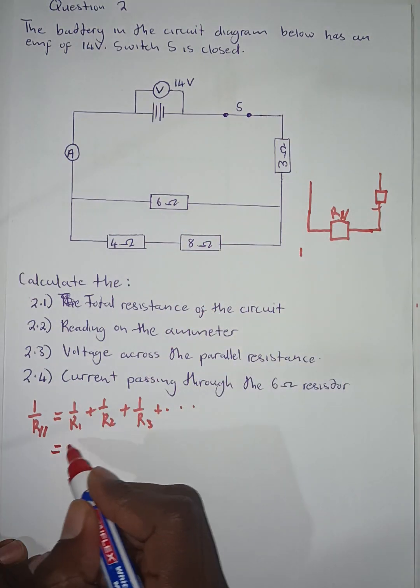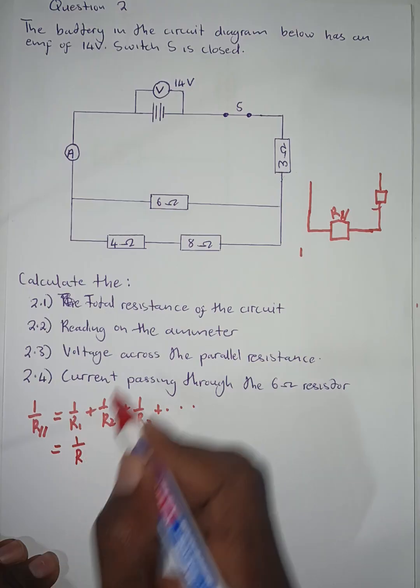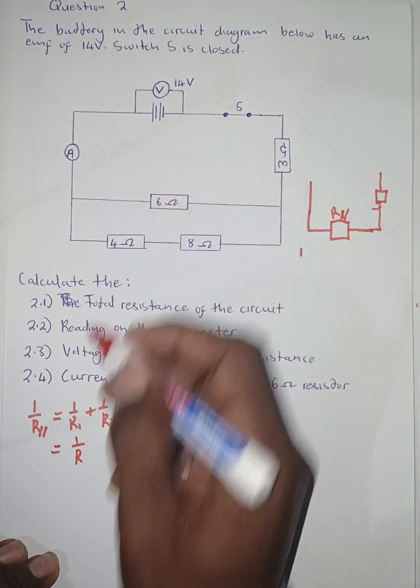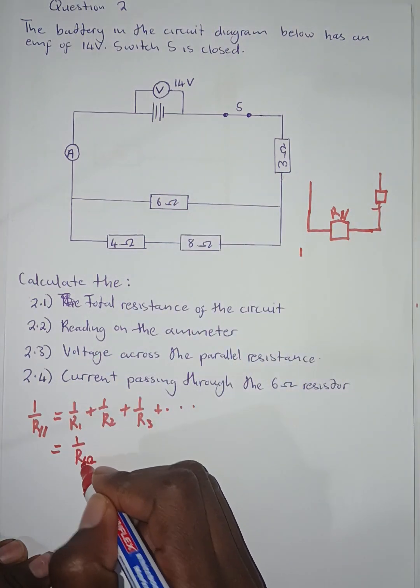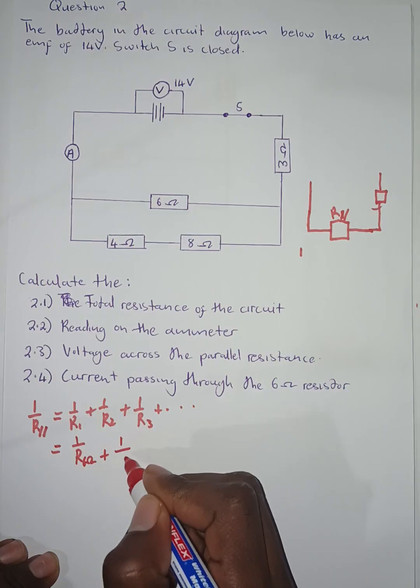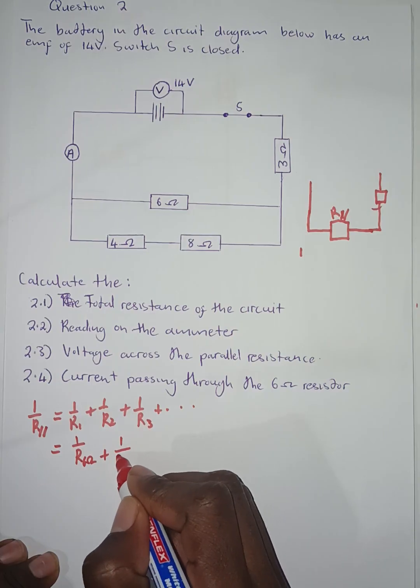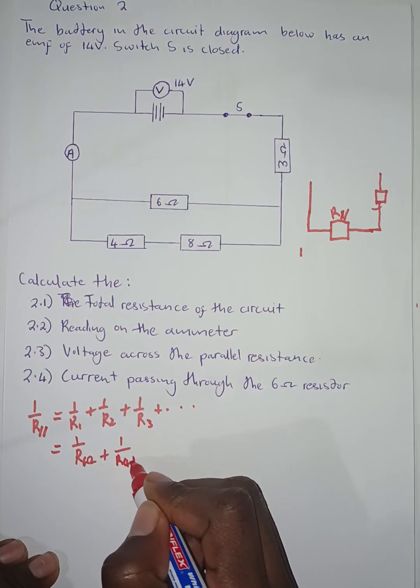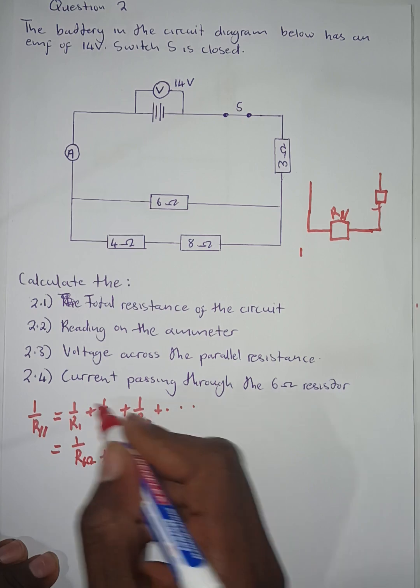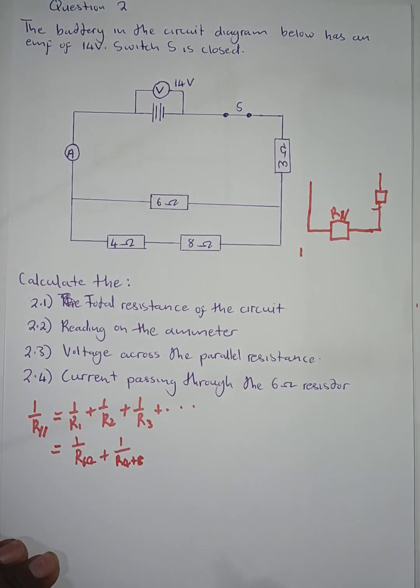So if you modify that, this would be 1 over that 6 ohm resistor, that's 6, plus 1 over that R4 plus that 8. So that would be when I'm calculating my R parallel.